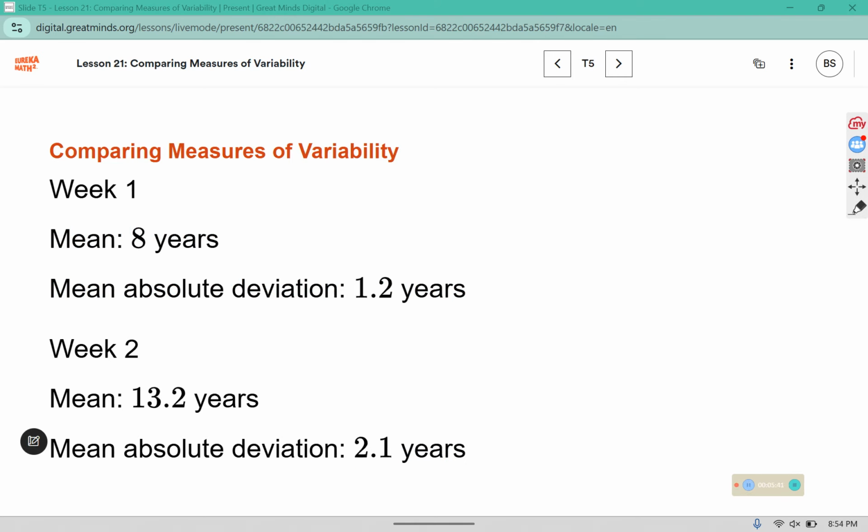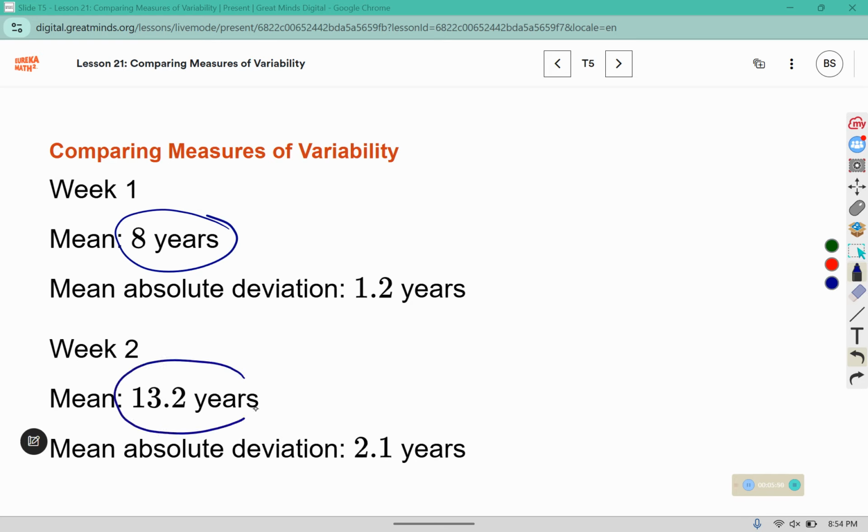Here we see some additional information. It says the mean, or the average age in week 1 was 8 years, and the average age in week 2 is 13.2 years.